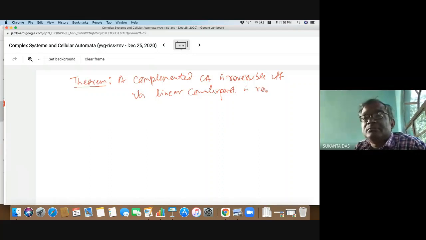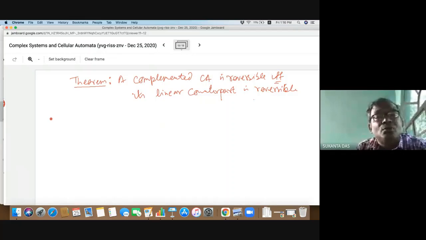If and only if means both ways, the necessity part and the sufficiency part. So first, one way is that if the linear CA is reversible, then the complemented CA is reversible, which you have proved.